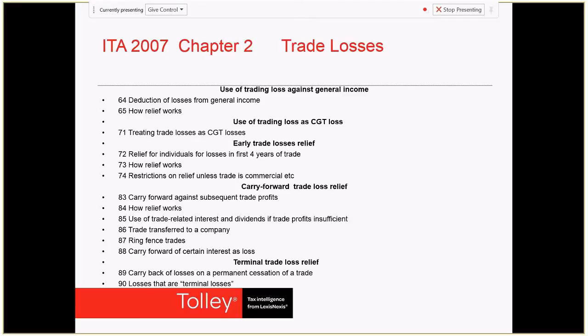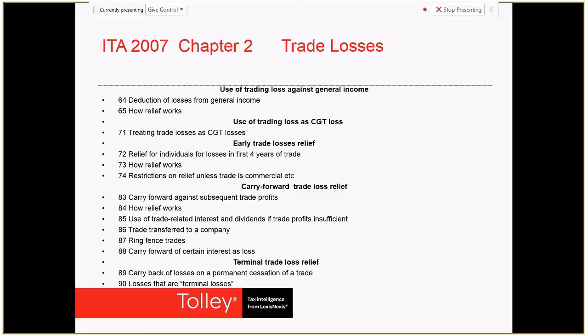So for example, this is the Income Tax Act. This is the contents at the start of the Income Tax Act. At the start of each of these grey blobs, there's a lovely contents section that tells you everything that's in the grey blob. Now you can highlight these contents sections in a way that becomes a memory jogger for you. So if we think about using trading losses, there's a whole variety of things you can do with trading losses, isn't there? You can set it against your general income.